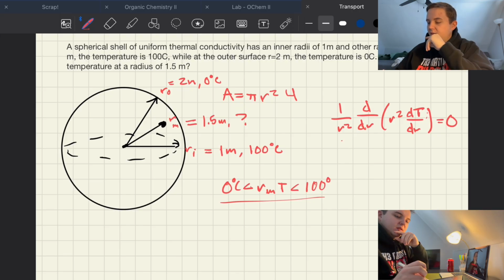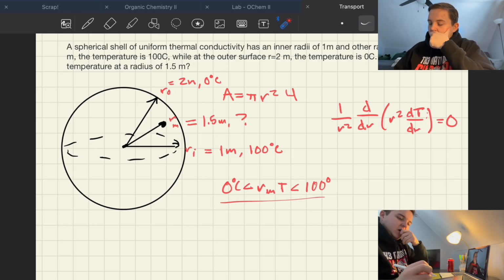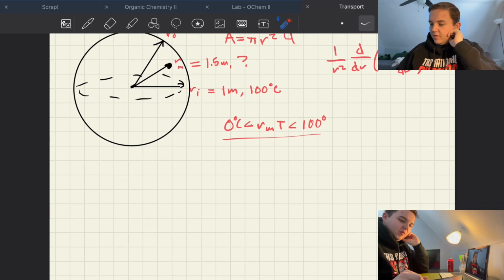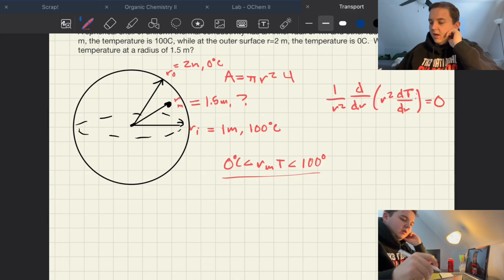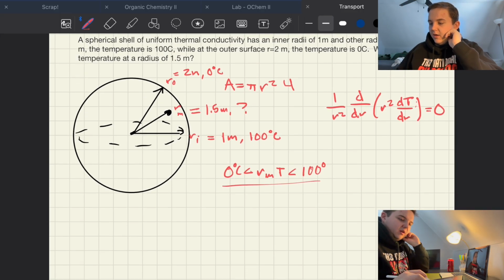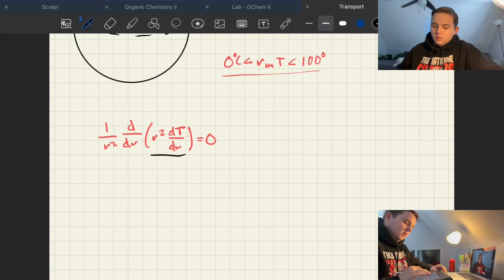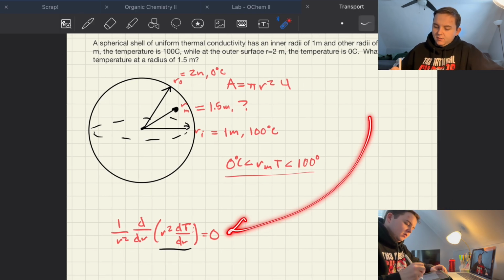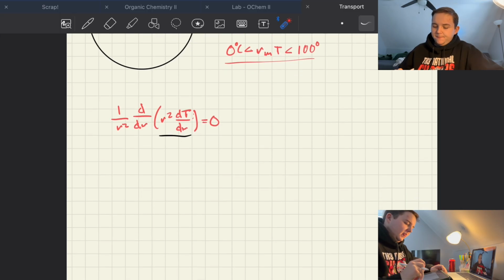And here I just have the equation we're going to use to solve this and integrate, which is 1 over r squared, d over dr, times the quantity r squared dT over dr, equals 0. So we're going to start integrating that and plug in our values. Okay, so I brought this quantity down. Let's start integrating.